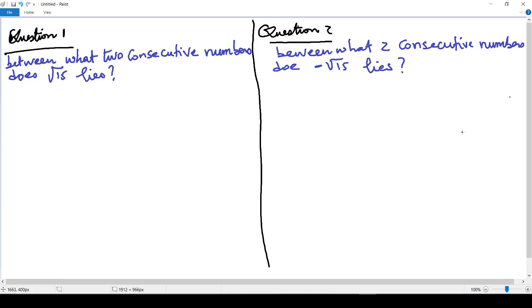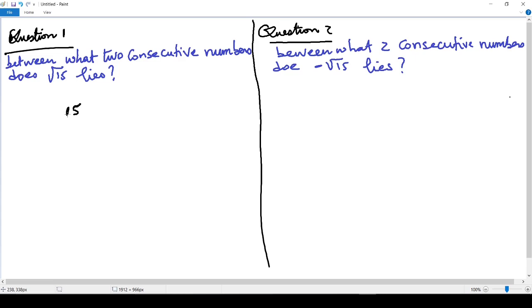Alright, let's finish this section by solving these two questions. The first question says, between what two consecutive numbers does the square root of 15 lie?